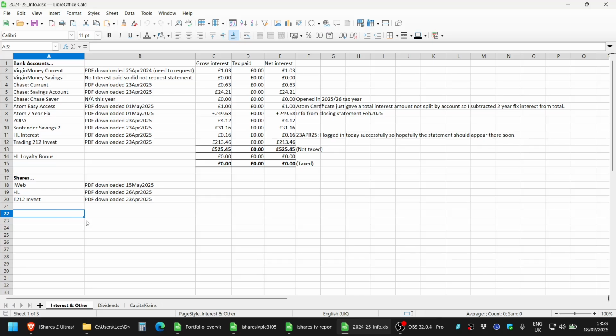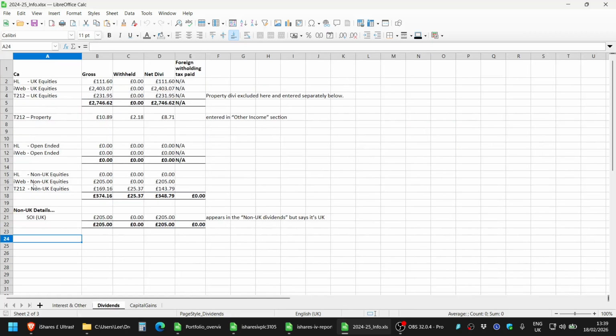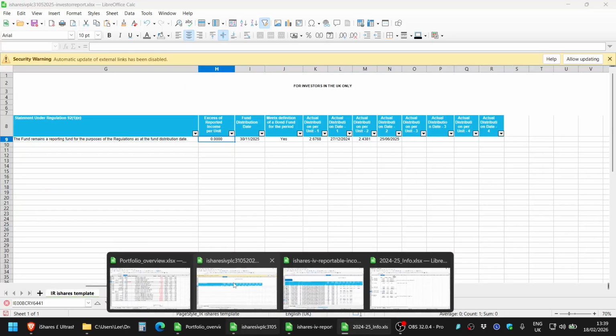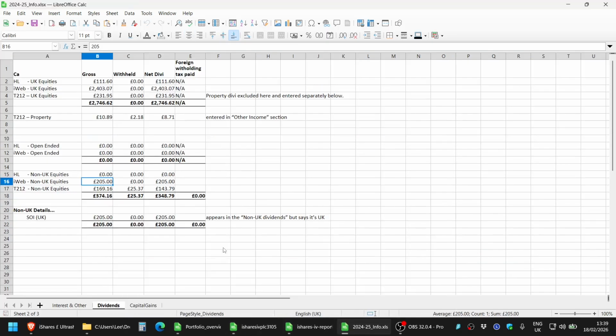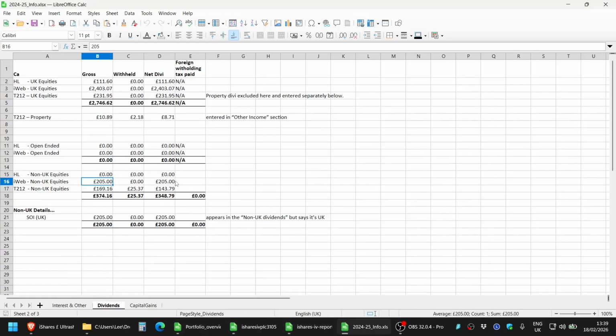For this one, it would be probably in this section, but let's pretend this is a dividend paying one. So it would go in probably the non-UK equities, because it's an Irish domiciled fund, and then that extra amount, that 0.04 multiplied by however many shares I had, I would add here in my dividend section of my little tax spreadsheet.